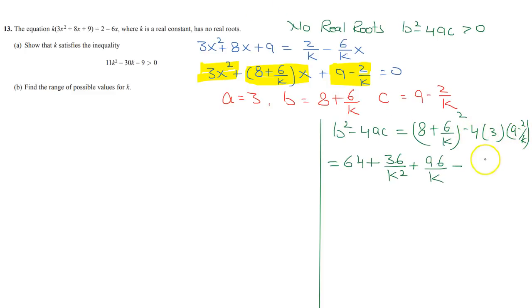So 4 multiply 3 multiply 9 will be 108. And 4 times 3, 12 times 2, 24, minus minus plus 24 over k.